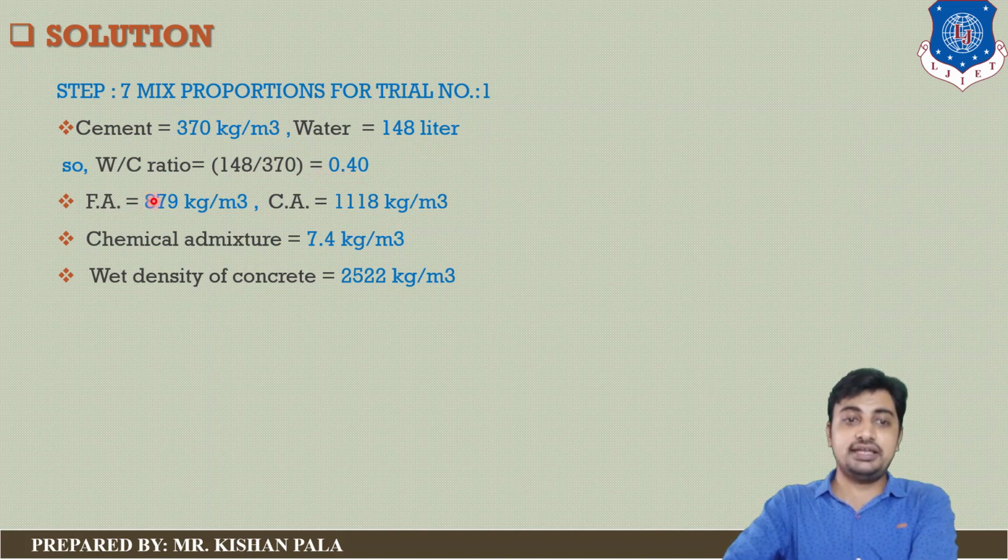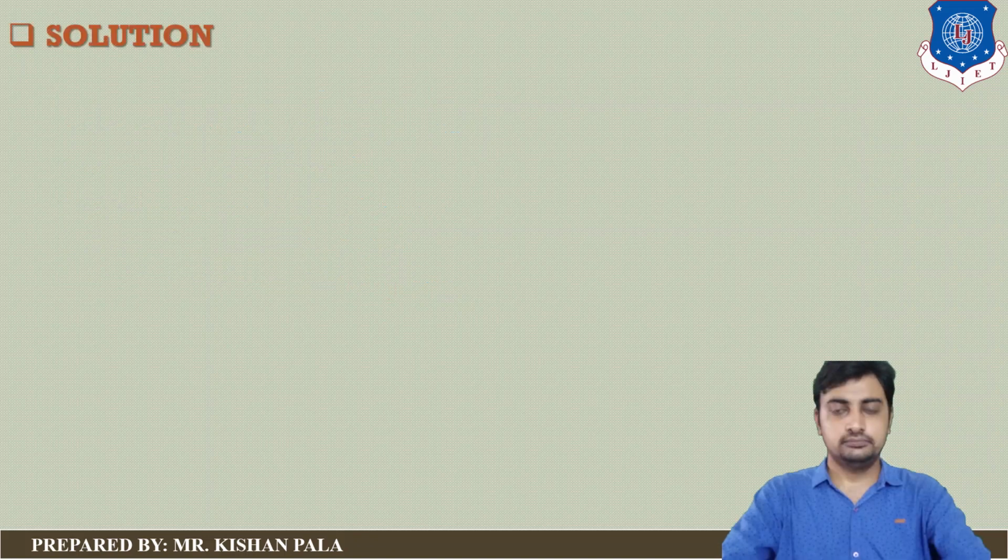We have a fine aggregate of 879 kilogram per meter cube, coarse aggregate 1118 kilogram per meter cube, and chemical admixture is 7.4 kilogram per meter cube, and weight density of concrete is 2522 kilogram per meter cube.